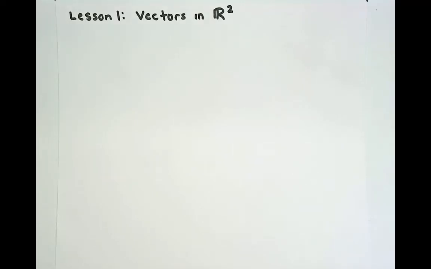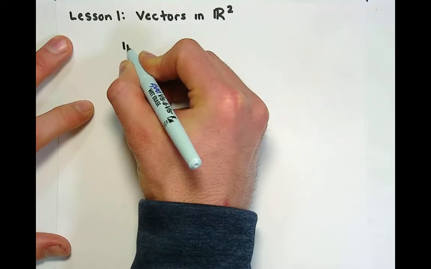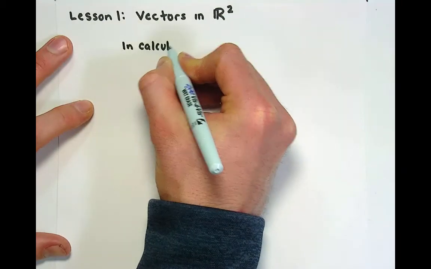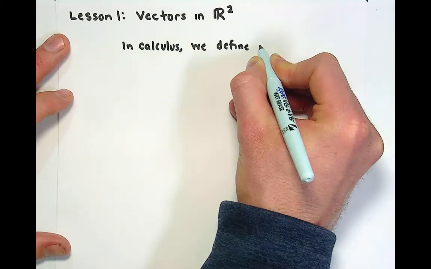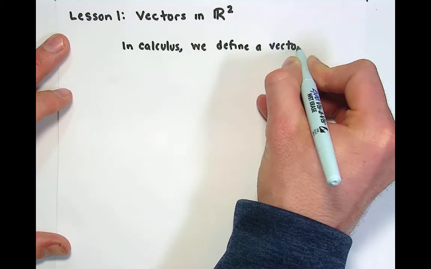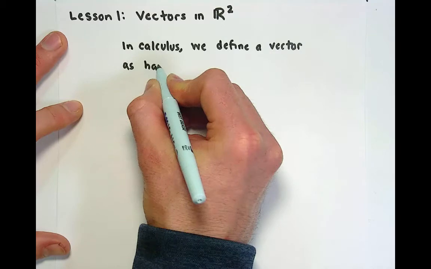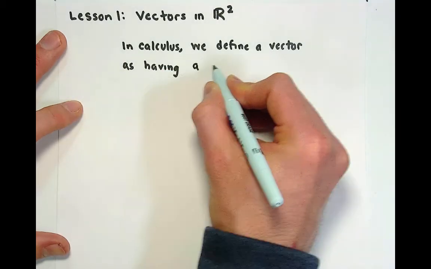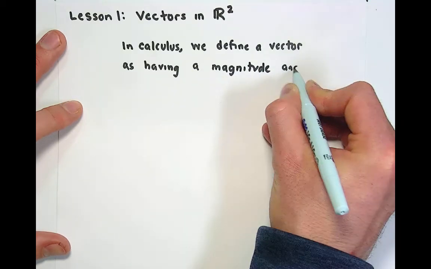In the last video, we talked about points in R2, and in this video, we're going to talk about vectors in R2. So, a vector in calculus, we define a vector as having a magnitude and a direction.